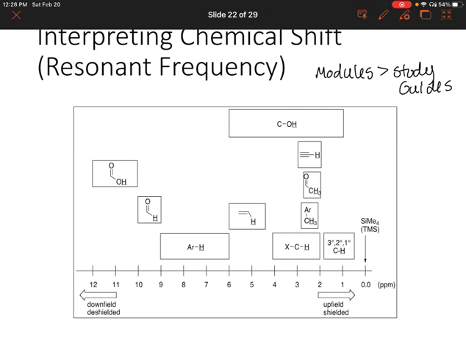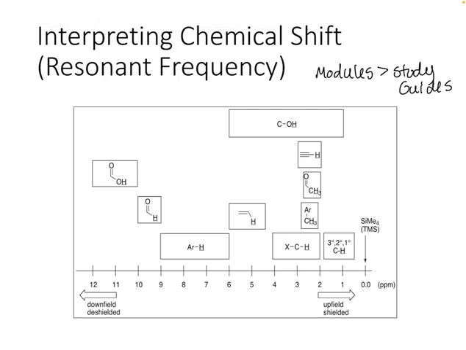Down below, we have our parts per million range from 0 to 12. 0 is on the right-hand side, and you'll notice that's where TMS, our reference compound, will show up. And again, that's how we calibrate our instrument.